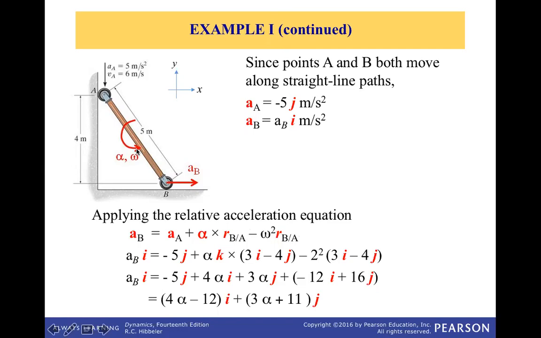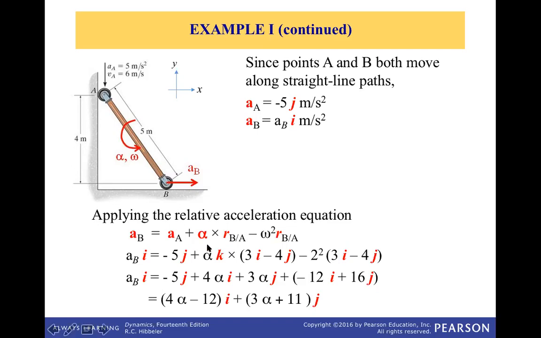It doesn't matter if it turns out to be negative, that just means it's in the opposite direction at the end. If alpha is counterclockwise as indicated, using the right hand rule, you curve your four fingers counterclockwise, so your thumb points out of the screen. That means the alpha vector is in the positive k, z direction.